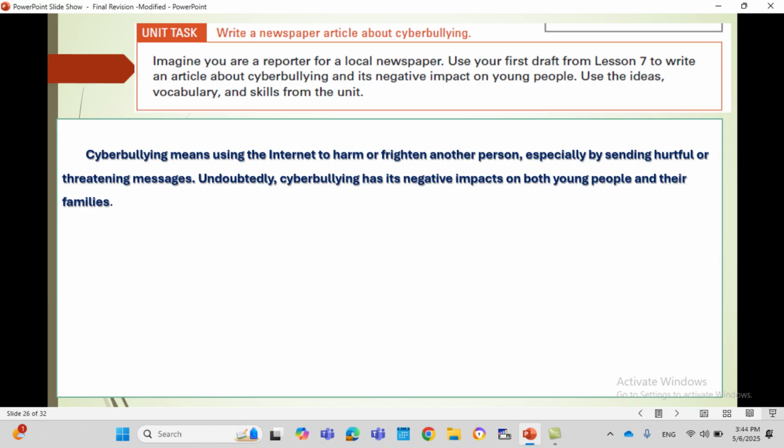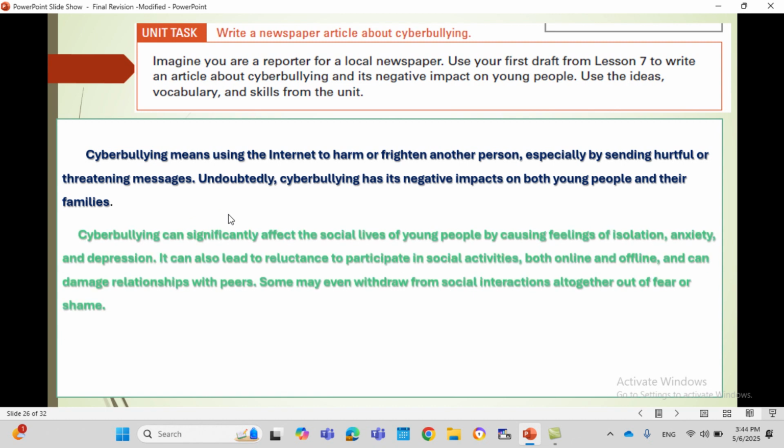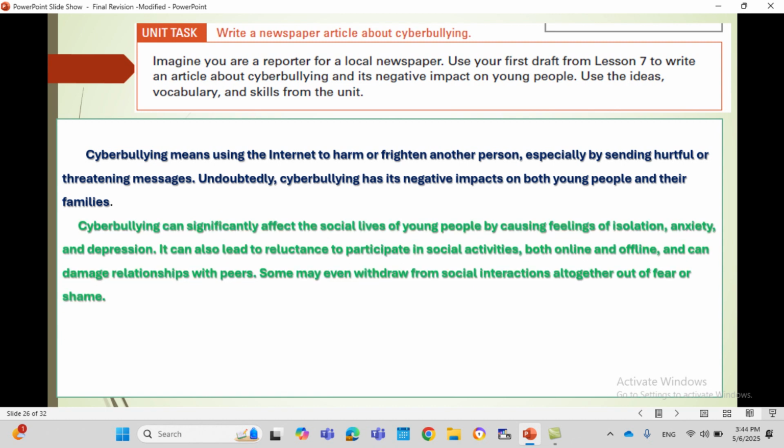Undoubtedly, cyberbullying has its negative impact on both young people and their families. Here, as you know, we have started defining what cyberbullying is. After that, we list the negative impacts of cyberbullying.